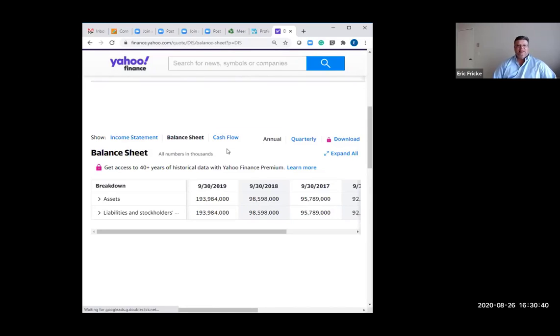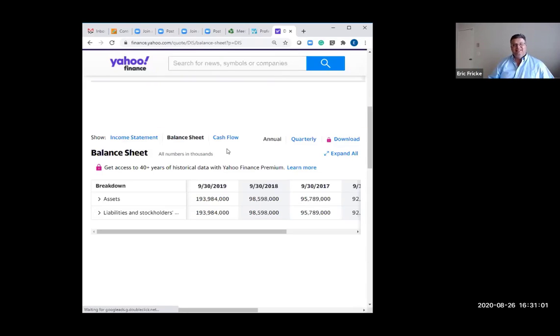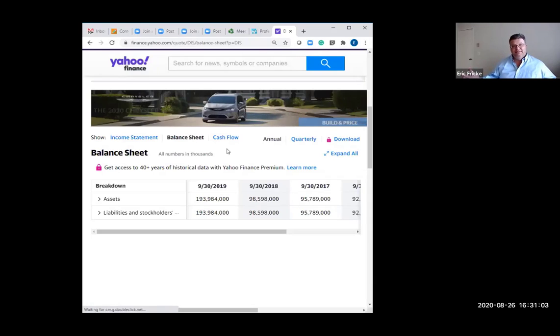If you see a company that's liquidating all their inventory and not replacing it, that's basically what it is. They're having an inventory blowout because they're going out of business. And so you'll see a drop in inventory, a drop in working capital, and what that does is it liberates cash into the business.